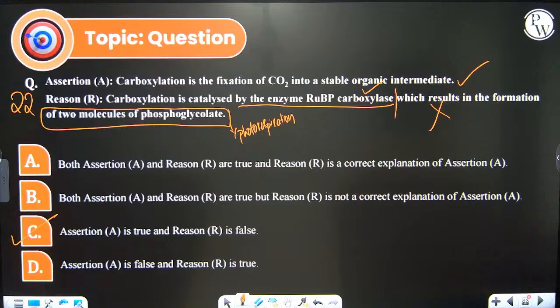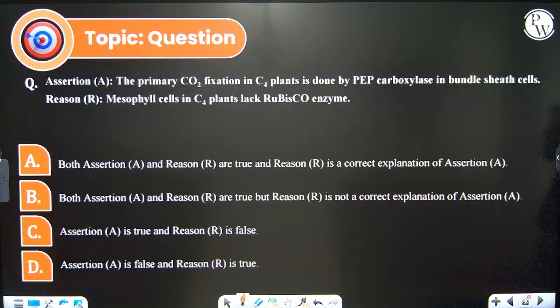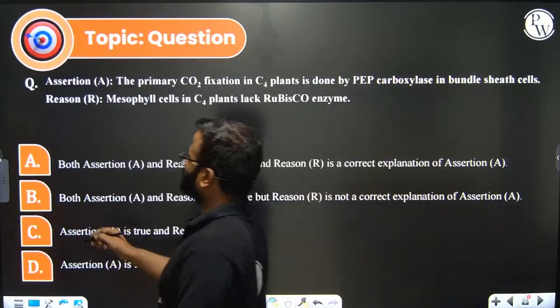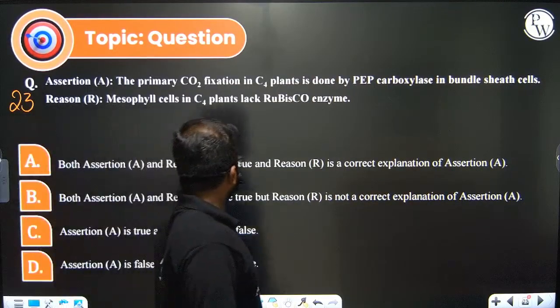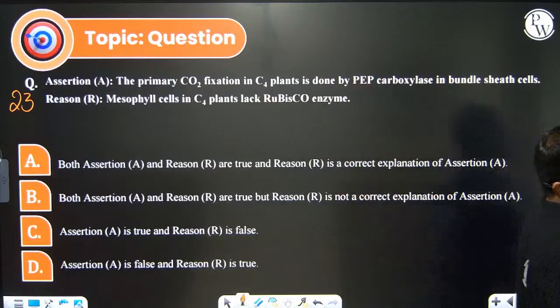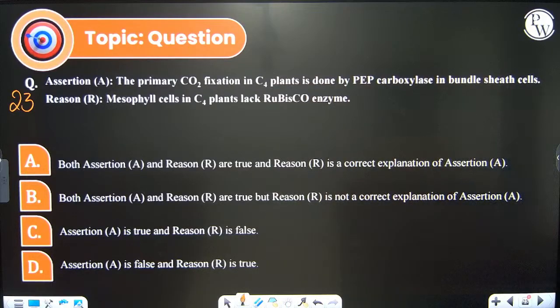Let's see the next question, which will be our 23rd question. Assertion: the primary CO2 fixation in C4 plants is done by PEP carboxylase in bundle sheath cells.